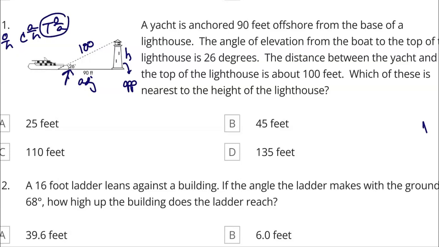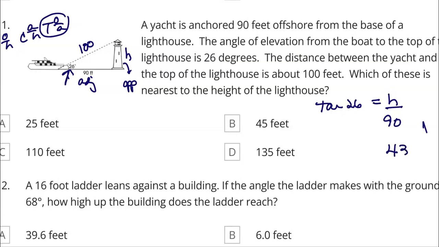So my setup is this. The tan of 26 degrees equals H, which is unknown, over 90. So if you go in your calculator and you say 90 times the tan of 26, you're going to get 43.9.